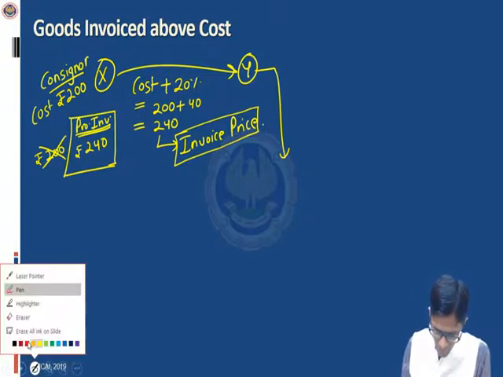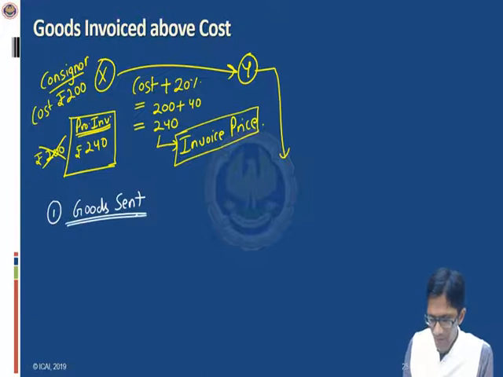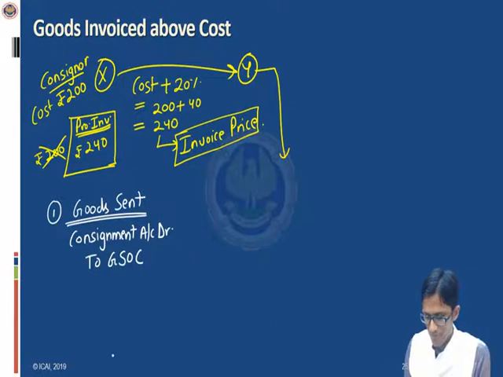The first effect is that when the entry for goods sent is passed, when X sent goods to Y, what entry would have been passed is consignment account debit to, I mean writing in short form, goods sent on consignment.